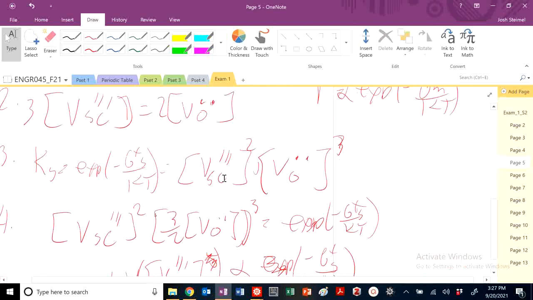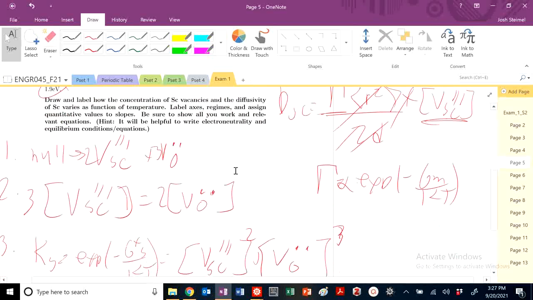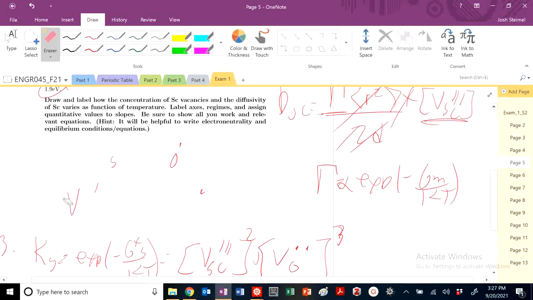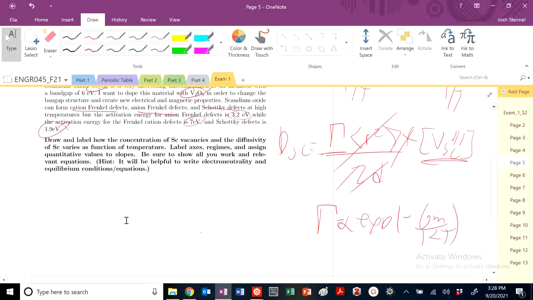So what about the extrinsic defect, you may be asking right now? Let's go ahead and write that out. I'm going to erase here. We have the solution that we wanted, not only that we wanted, but we needed. Now we are doping V2O5 into Sc2O3.